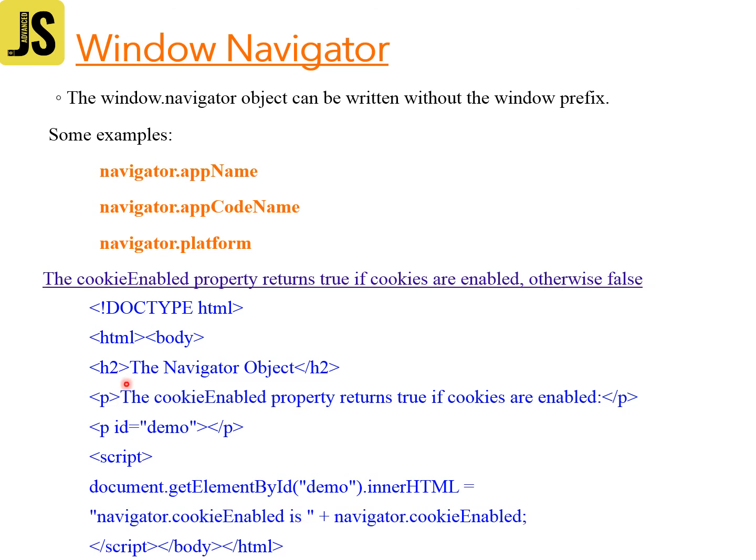If you are executing this code in a cookie enabled browser, it will give a true value, otherwise it will give a false value as the result on the corresponding web page.